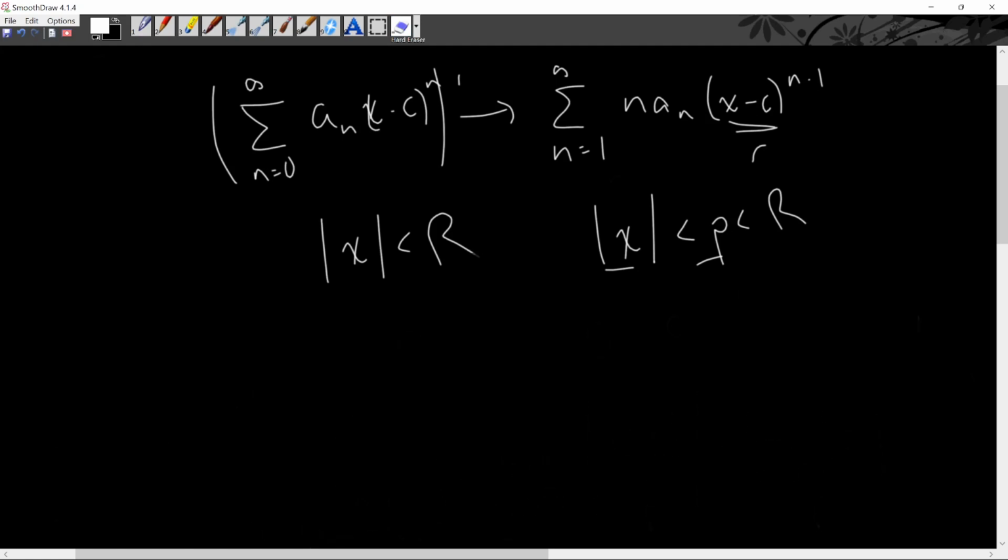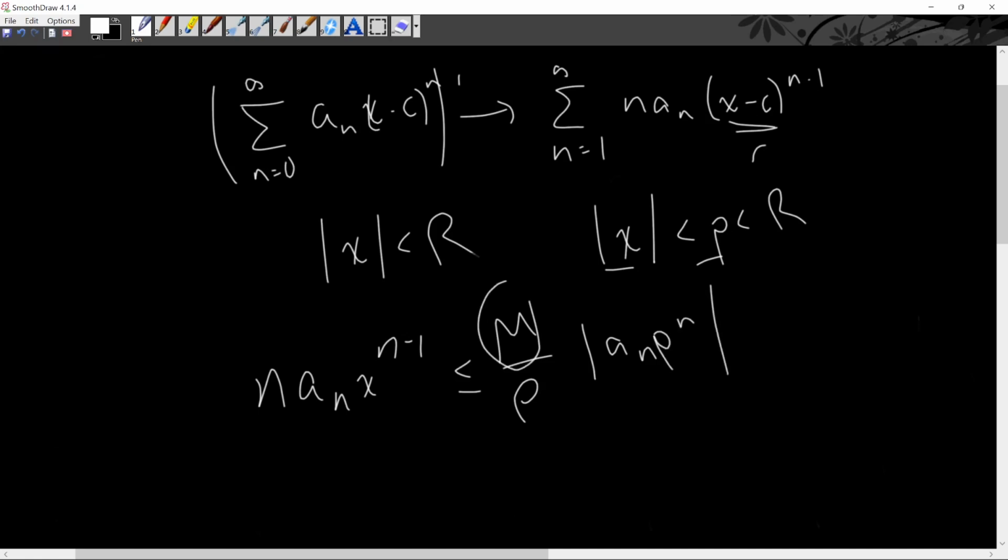From here, we can say that n times a sub n times x to the n minus 1, this sequence right here, is less than or equal to m over p times a sub n times p to the n.